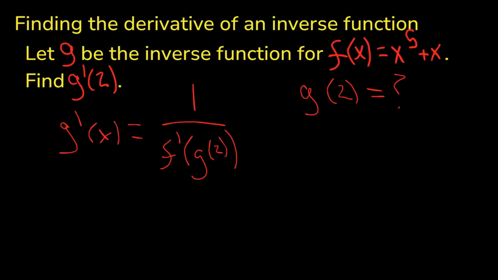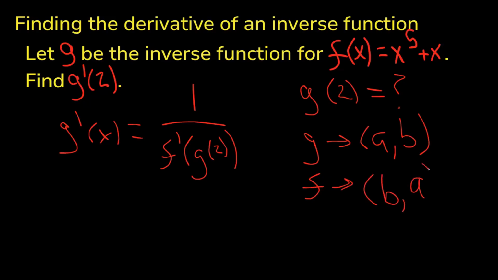However, that is the y value on the g function. Now, the relationship between inverses is that if g has the point a comma b, then f, being the inverse, contains the point b comma a.